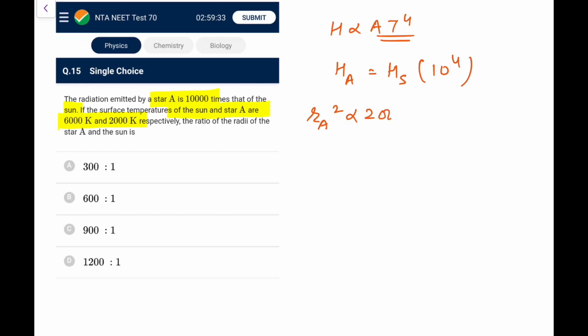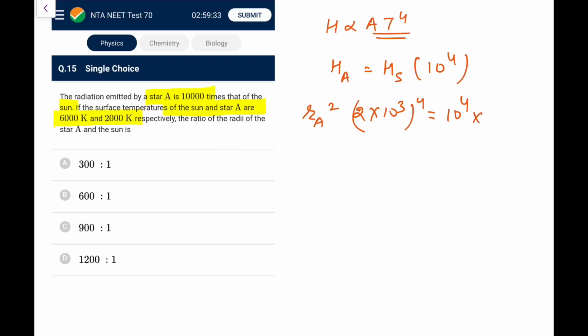So let me write it. 2000 means 2 into 10 to the power 3, to the power 4, would be equal to 10 to the power 4 into H of sun, which would be the sun's radius squared into temperature, this is 6 into 10 to the power 3, to the power 4. So this 10 to the power 3 thing goes.